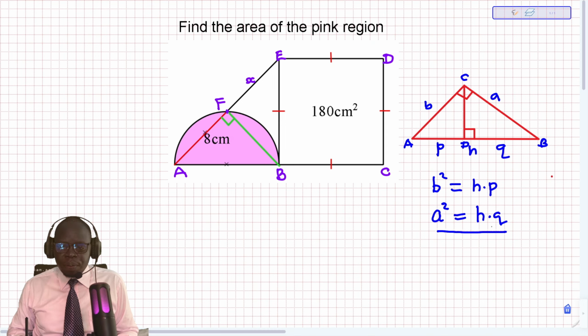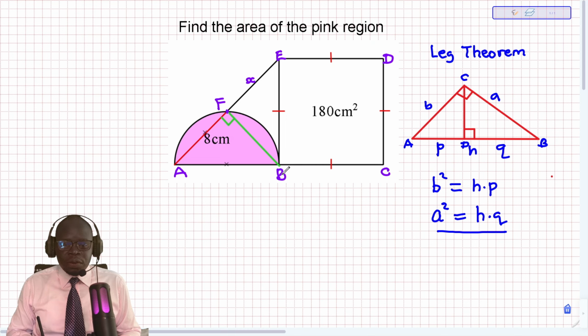From this theorem, and looking at what we have here, we're not going to consider this AB because there is no information here, and that is what we are looking for in order to get our radius. So there is information between BE and AE, because we have 8 and the X we're looking for here. Now applying the leg theorem here, and remember this is the leg, we have our theorem.